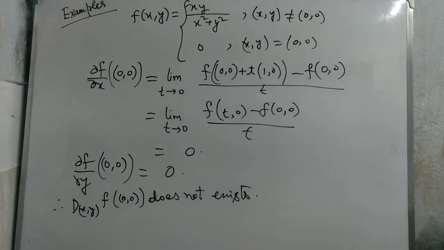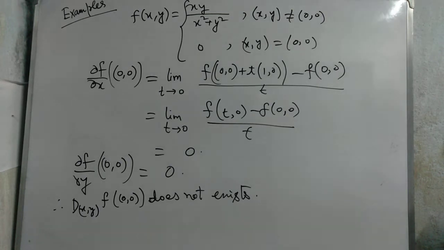Because f(t,t) gives t square by t square, so 1 by t does not exist. So we have given an example where the partial derivatives at (0,0) exist but the directional derivative does not exist.